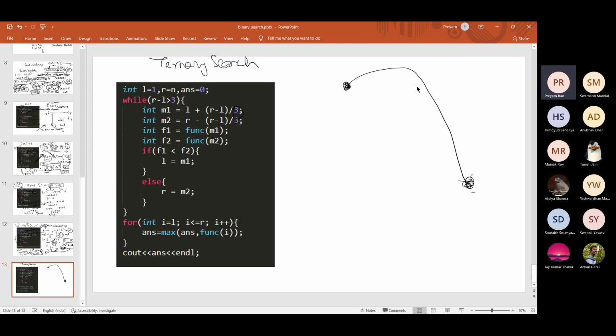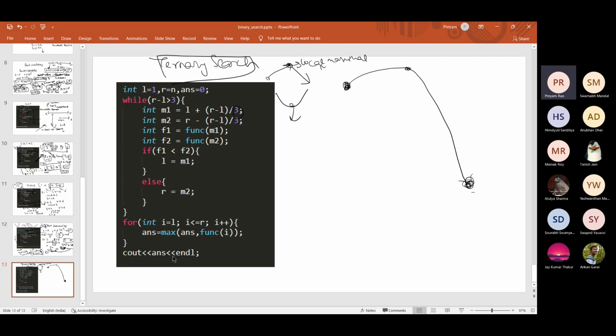You can see that this function is parabolic. It increases, goes to a maximum value and decreases. So if a function increases, then decreases, and there is only one local maximum or one local minimum, then we can apply ternary search.